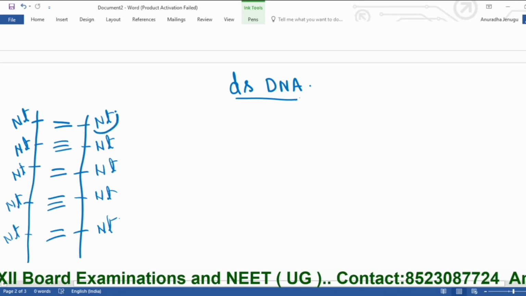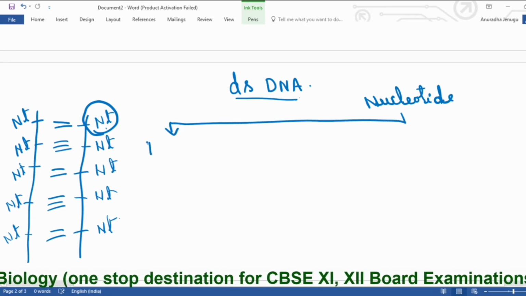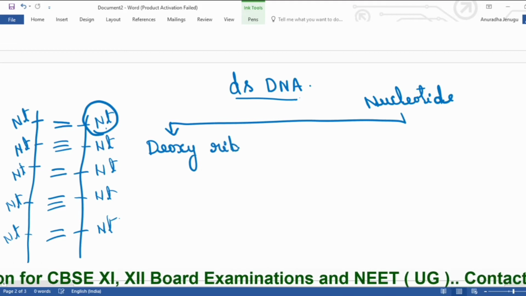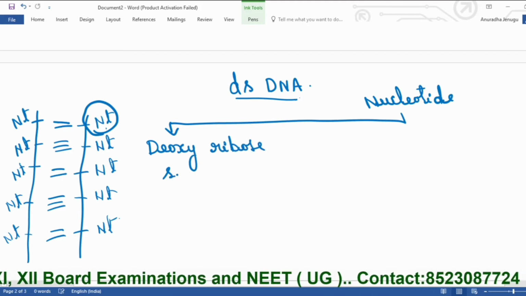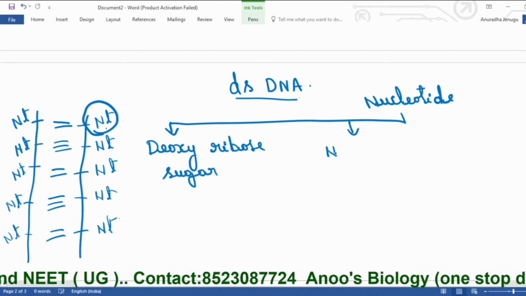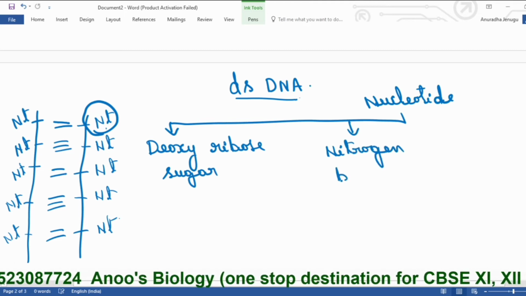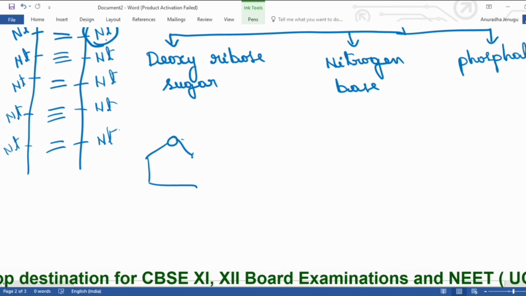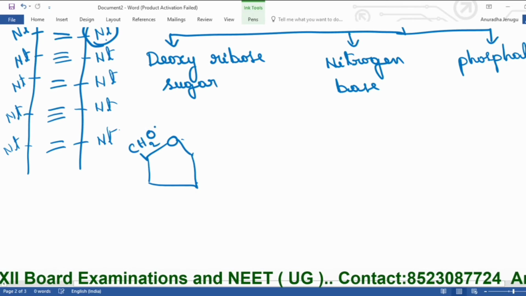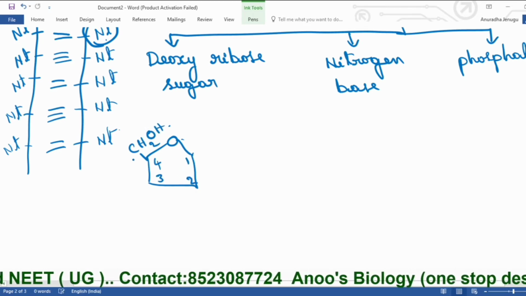So each nucleotide is made up of three components. They are deoxyribose sugar, nitrogen base, and phosphate. So this is the structure of deoxyribose sugar. First position, first carbon, second carbon, third carbon, fourth carbon, fifth carbon.